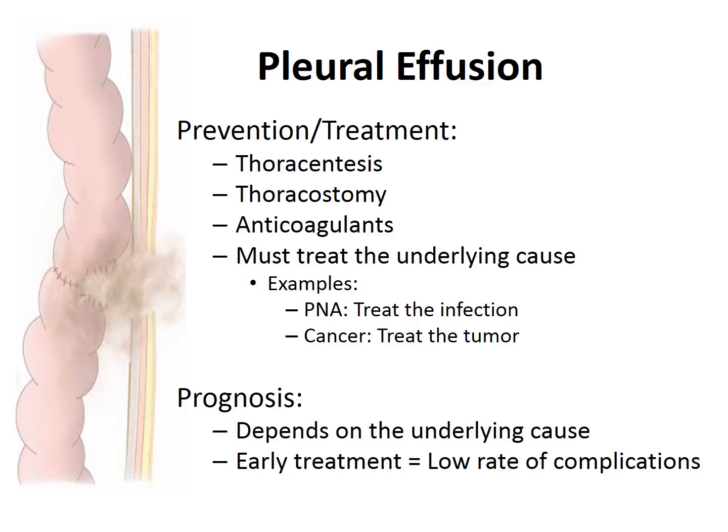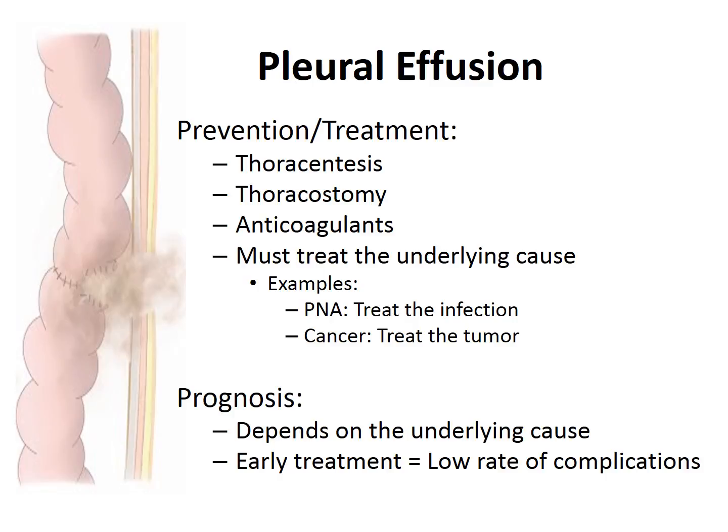It is also noted that coagulants may be used as prevention. These are only used as prevention when a blood clot is the underlying cause. It is very important to note that in order to treat pleural effusion, the underlying cause must be treated.